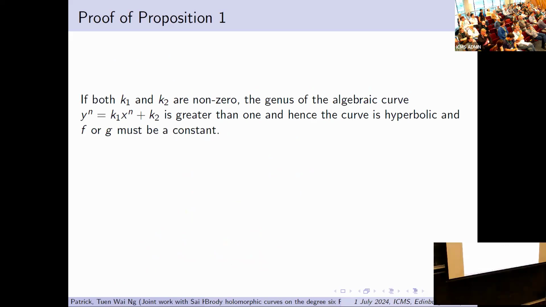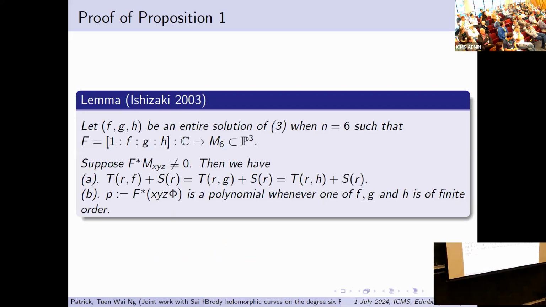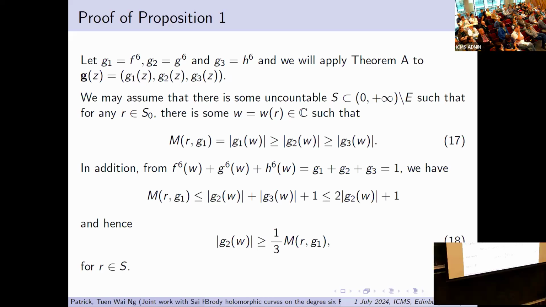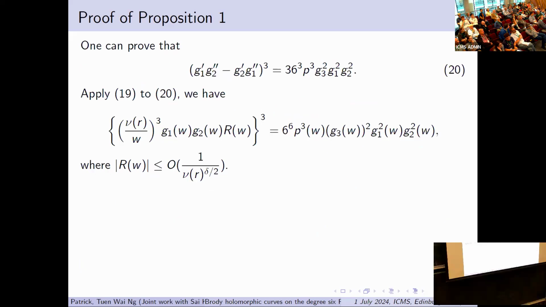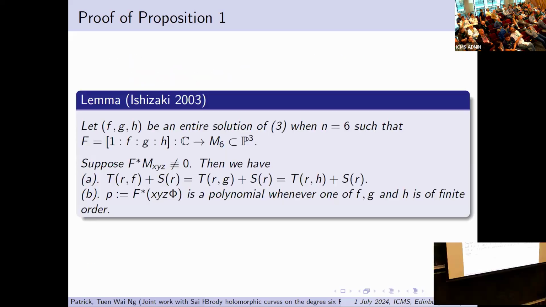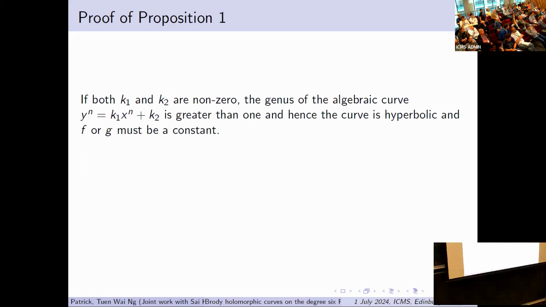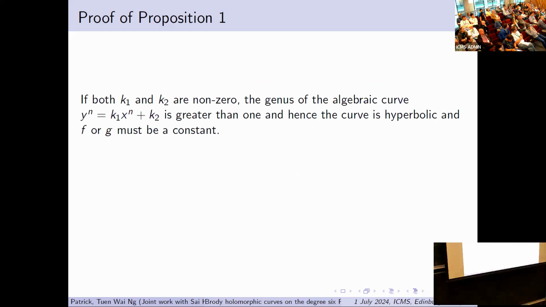So this page is basically what prevents you from deforming away from the Fermat surface, right? Exactly. So this pair will give you the trivial solution, essentially.